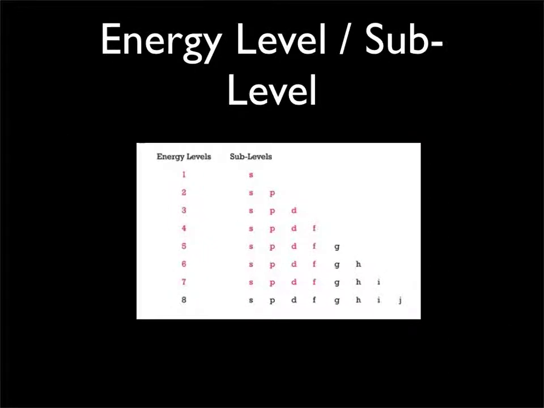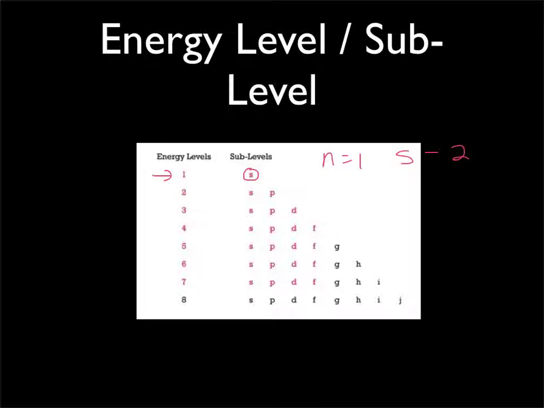We were just talking about the different levels, and I said that in level 1 there's one sublevel. They label the sublevels with letters, and at least at the beginning, there's no real organization to what these letters are. So in energy level 1, n equals 1, you have sublevel S, and that can hold 2 electrons.